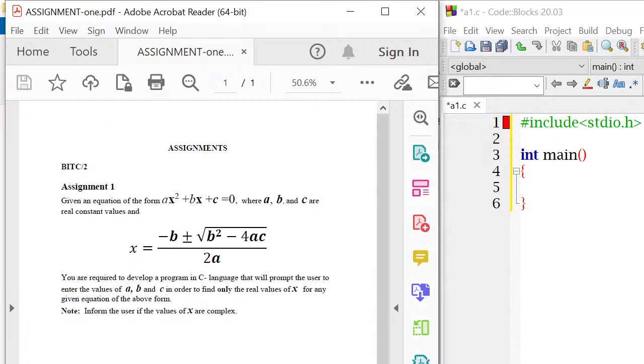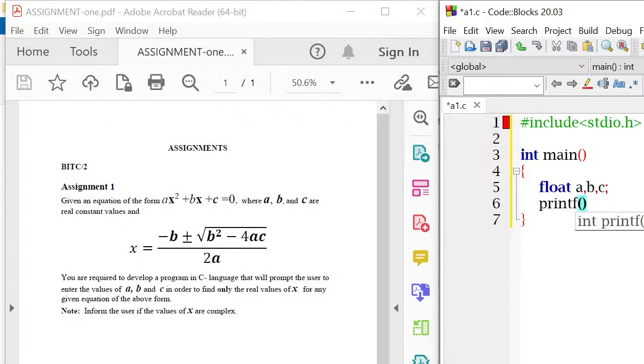We need to declare variables a, b, c, whereby in a quadratic equation our answers are mostly not in the form of integers or whole numbers. So we have to declare these variables a, b, and c as floating point numbers. Now we are going to display a message for the user, let's say, enter the values of a, b, c.